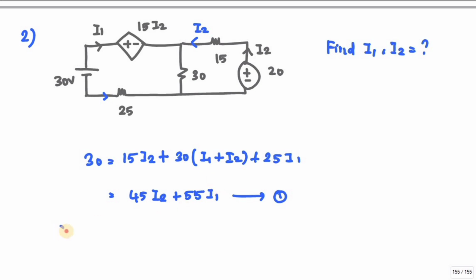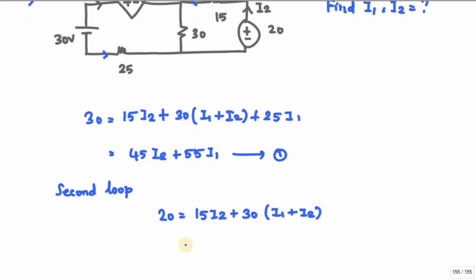For the next loop, I can write 20 is equal to 15 into I2 plus 30 into I1 plus I2. So on adding, I will get 30 I1 plus 45 I2.